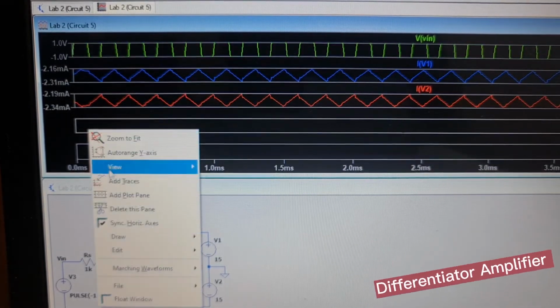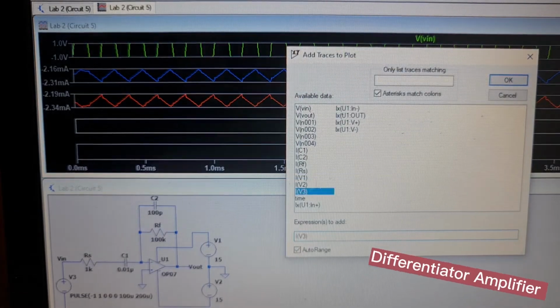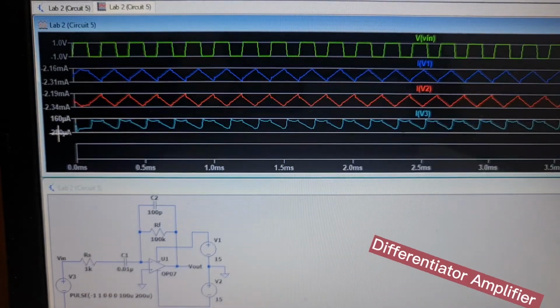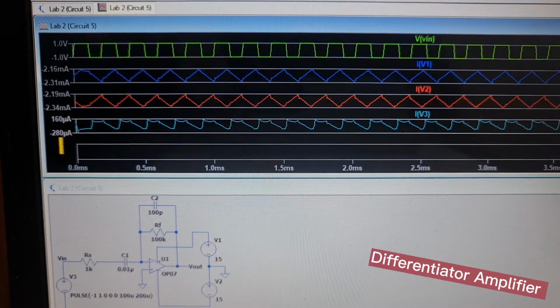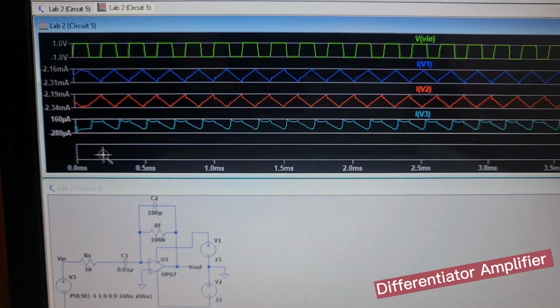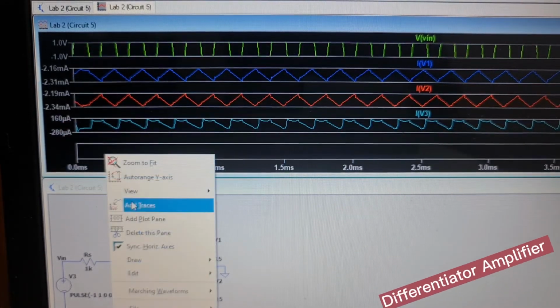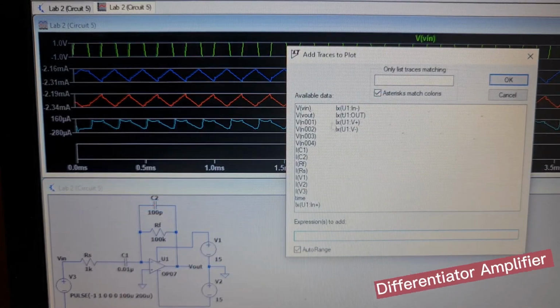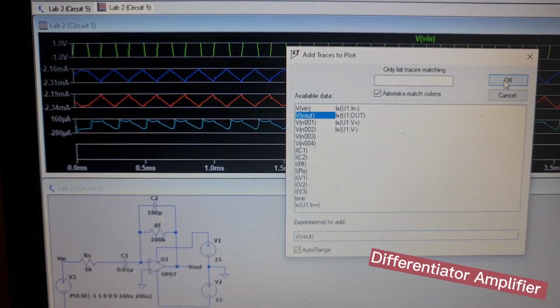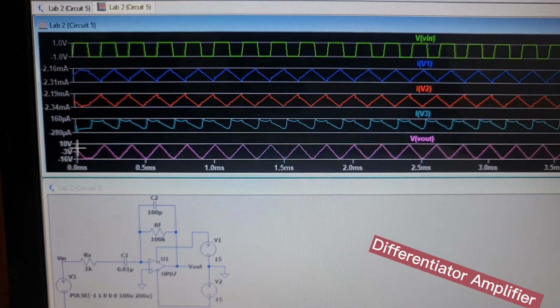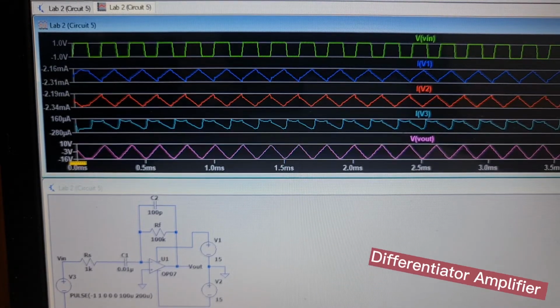And as for IV3, the value ranges from 160 microampere to negative 280 microampere. And for the last one, we're looking at V out, whereby the value ranges from 10 volt to negative 16 volt.